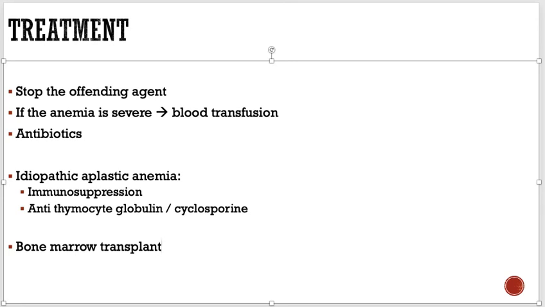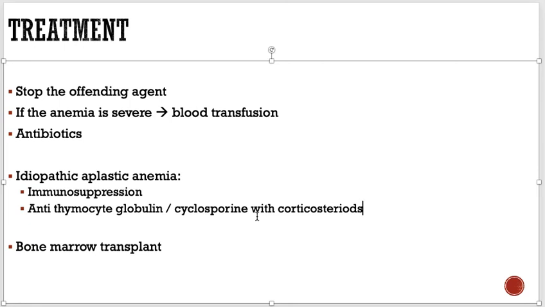So that's why the first line for anyone who has idiopathic aplastic anemia is immunosuppression, either by antithymocyte globulin or by cyclosporin, and of course these are combined with corticosteroids for these patients. But of course, bone marrow transplantation is the solution.